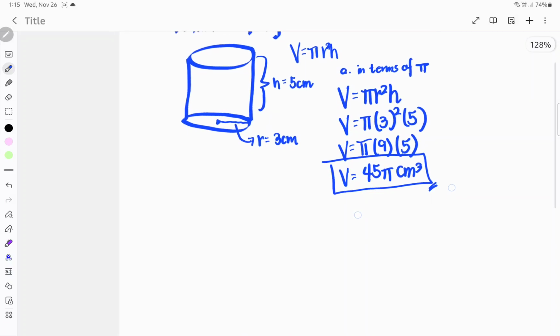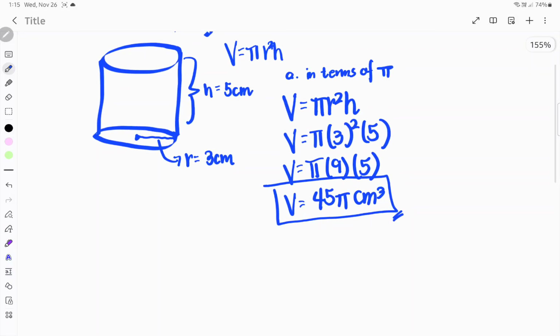Now, another way to look at it is when there is an estimate, such as this one. We're solving it not in terms of pi. Approximately, the value is 3.14. The process would be the same.